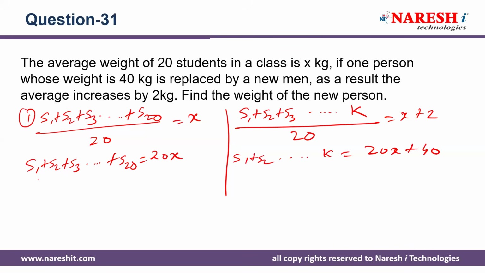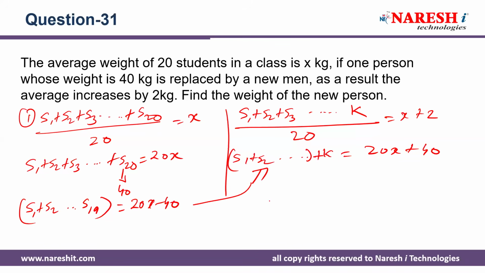Now, please observe properly. This person's weight is 40. So I can write that S1 up to S19, the sum of those 19 people, will be 20x minus 40. Why? The 20th person's weight, if it comes to the right hand side, it becomes the difference, 20x minus 40. If I substitute this value, 20x minus 40 plus the new person, the 20th person, equal to 20x plus 40.